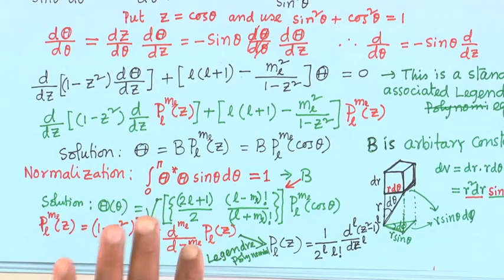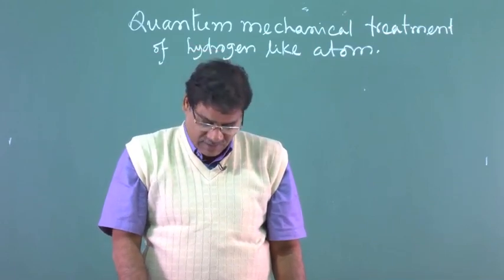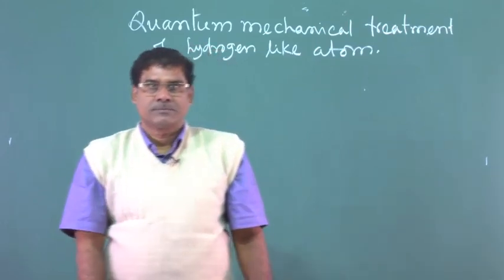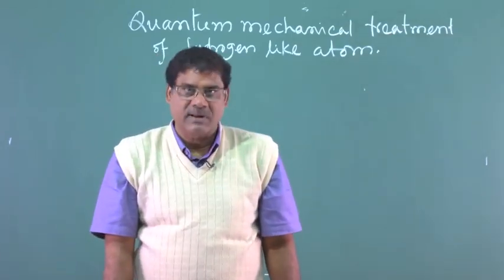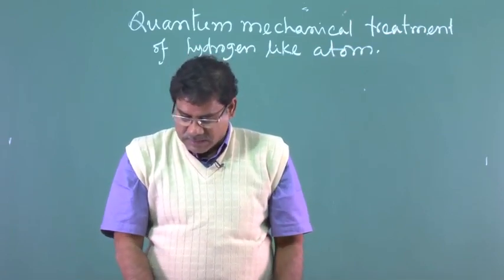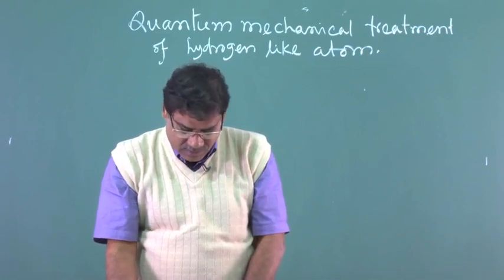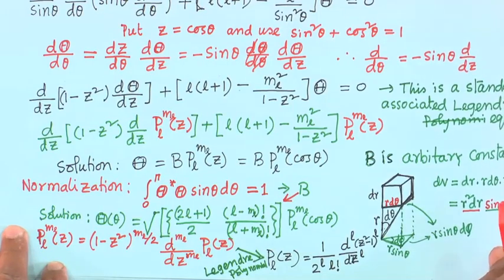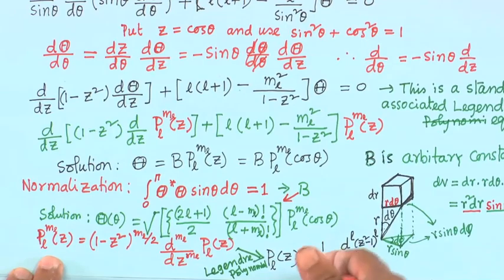Here these polynomials are standard forms of different kinds of polynomials. Legendre polynomial is one of them. I will tell you about these polynomials. So, here we have got the theta solution in terms of Legendre or associated Legendre polynomials.